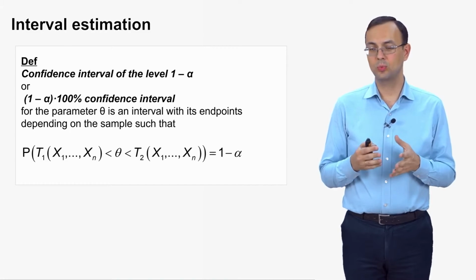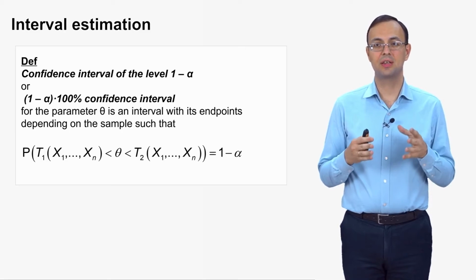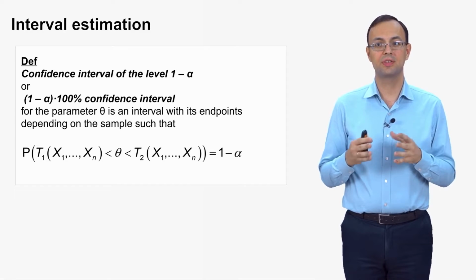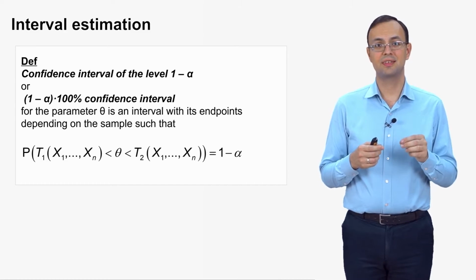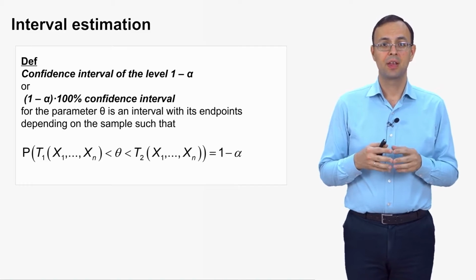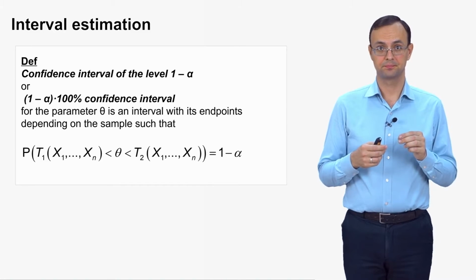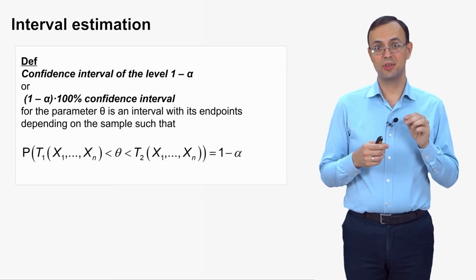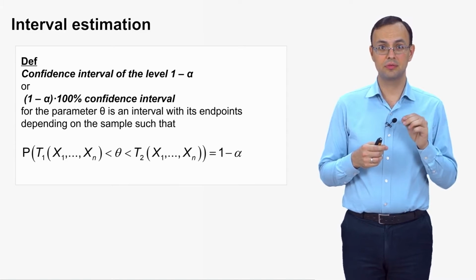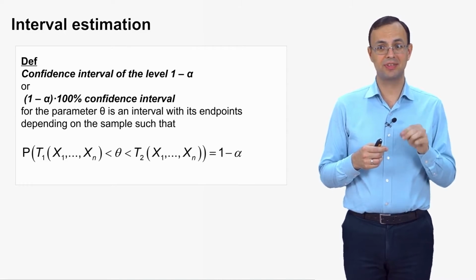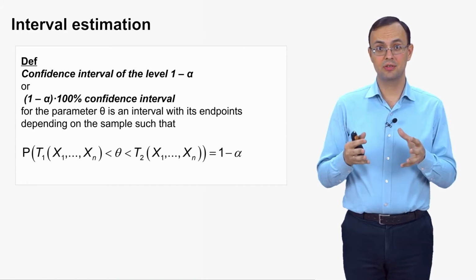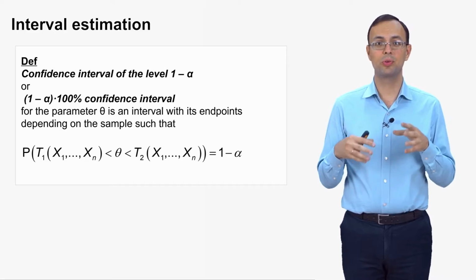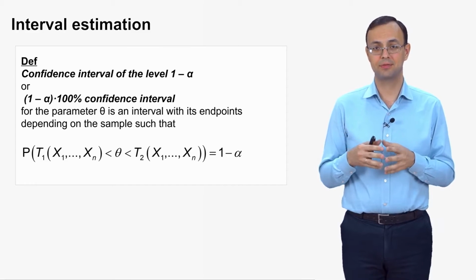So how do we define it? We say that an interval estimator, or a confidence interval of the level 1 minus alpha, or that is the same, 1 minus alpha times 100% confidence interval for the parameter theta, is an interval with its endpoints being random and depending on the sample, such that this interval covers unknown parameter theta with given probability 1 minus alpha.